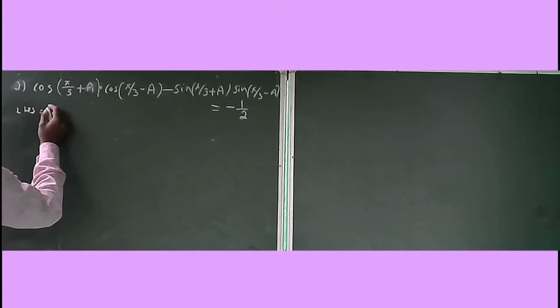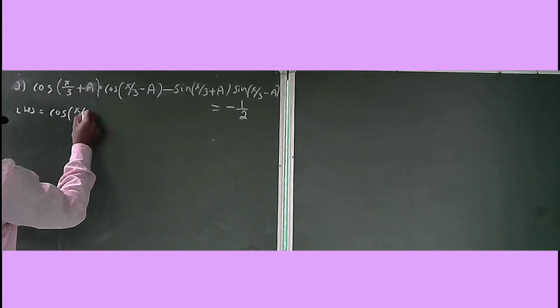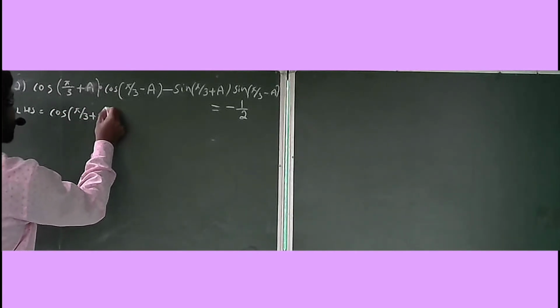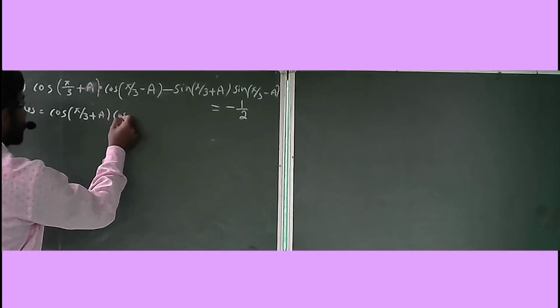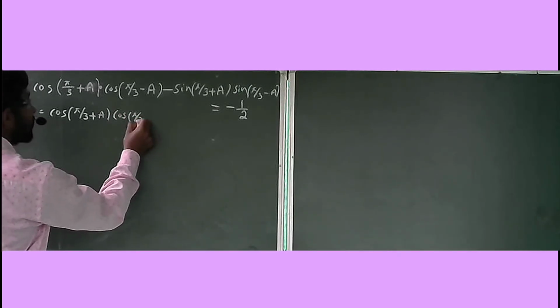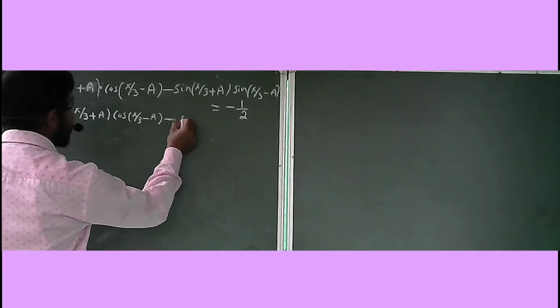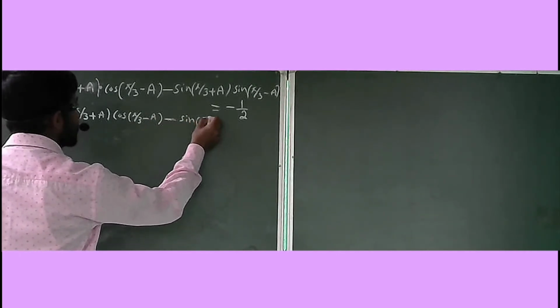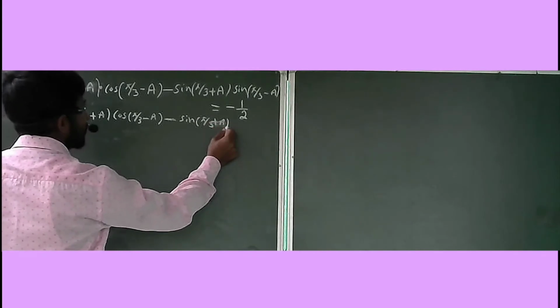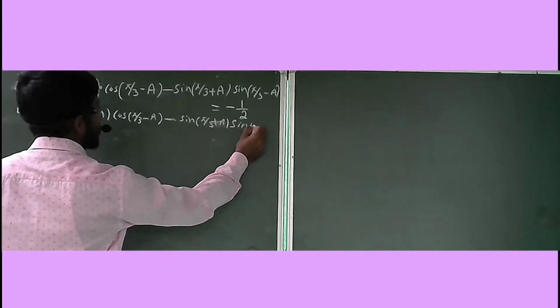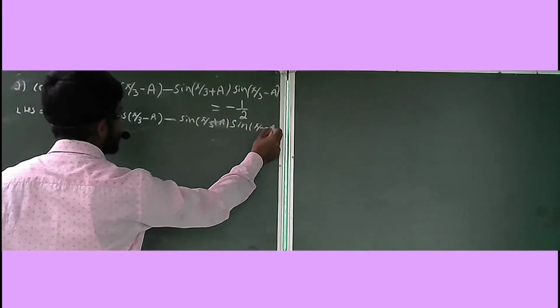LHS is equal to cos of pi by 3 plus a into cos of pi by 3 minus a minus sin of pi by 3 plus a into sin of pi by 3 minus a.